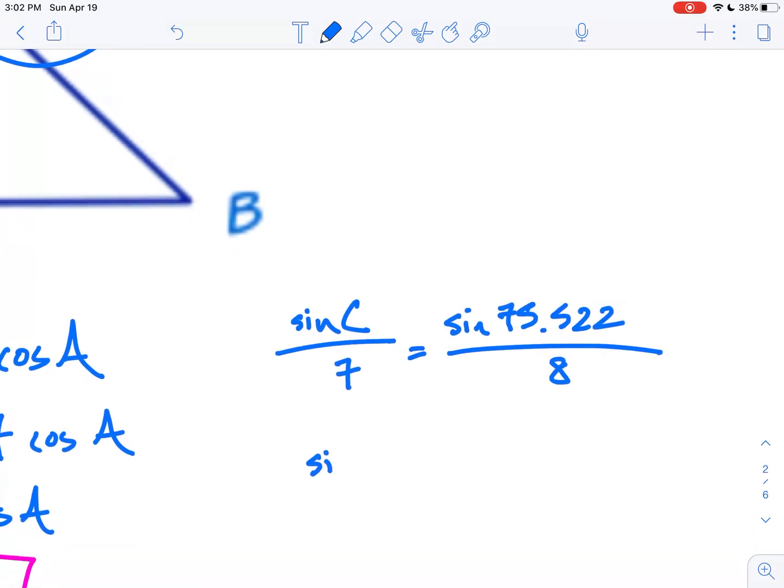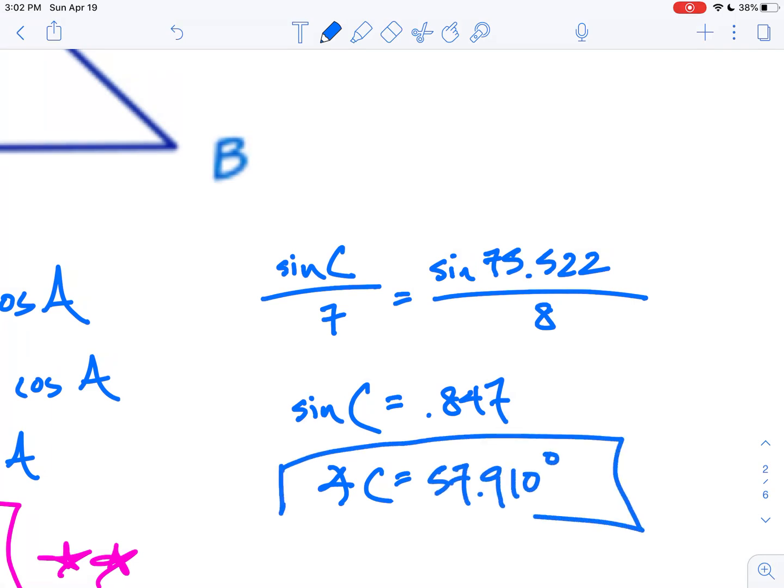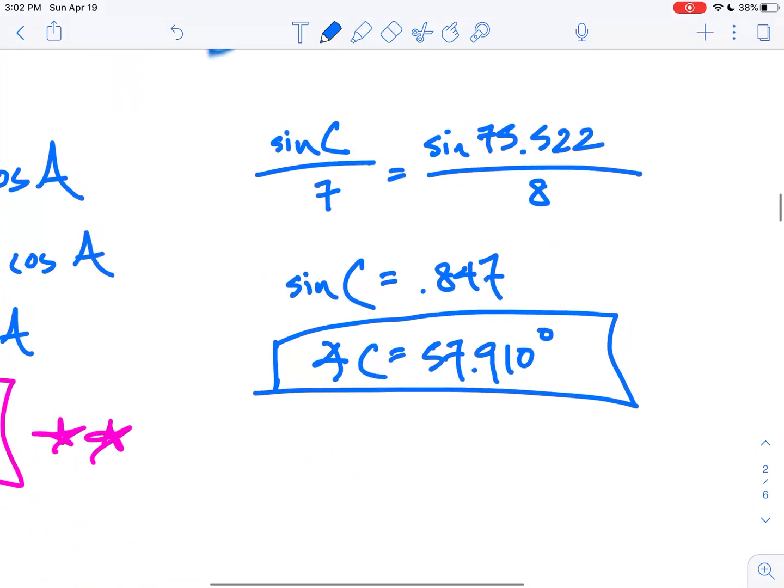I cross multiply and I divide. I'm going to get sine C equals 0.847, which is going to give me angle C equals 57.910 degrees. All right. And then I'm going to go ahead and find angle B by subtracting A and C from 180, and I'll get 46.568 degrees.